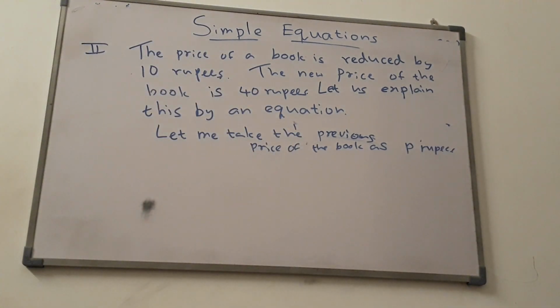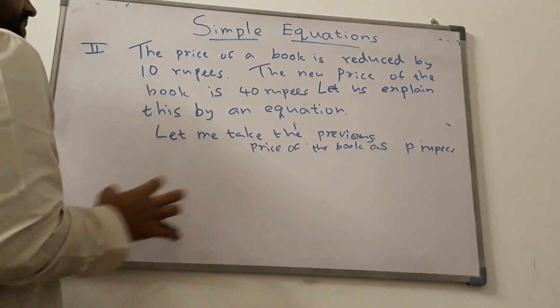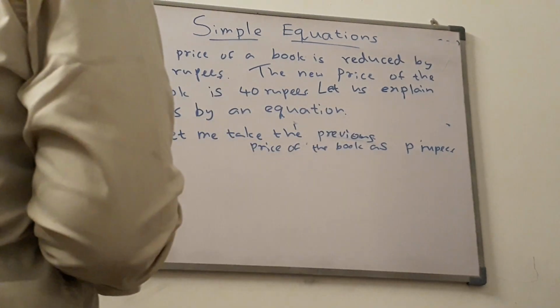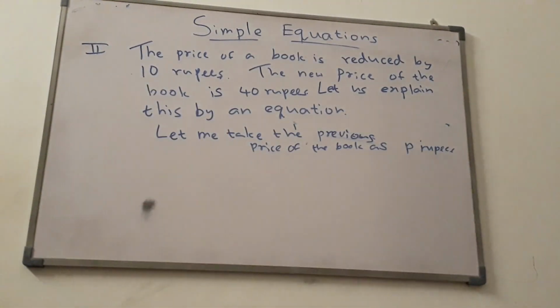Okay, the price of a book is reduced by 10. Before the deduction, we take the price of the book as P rupees.